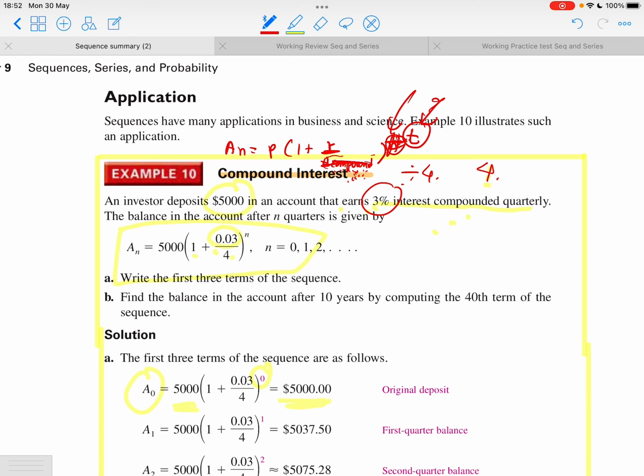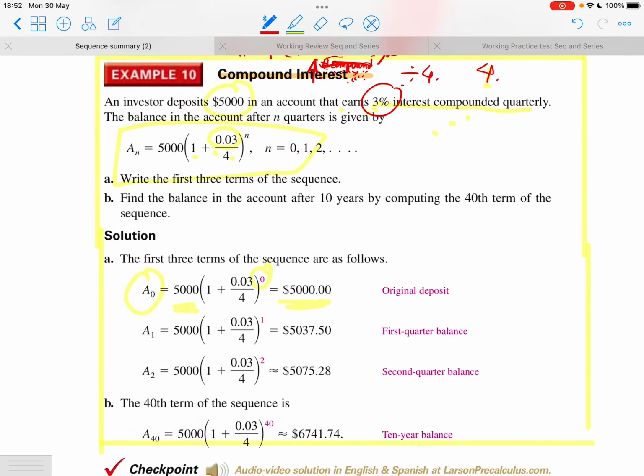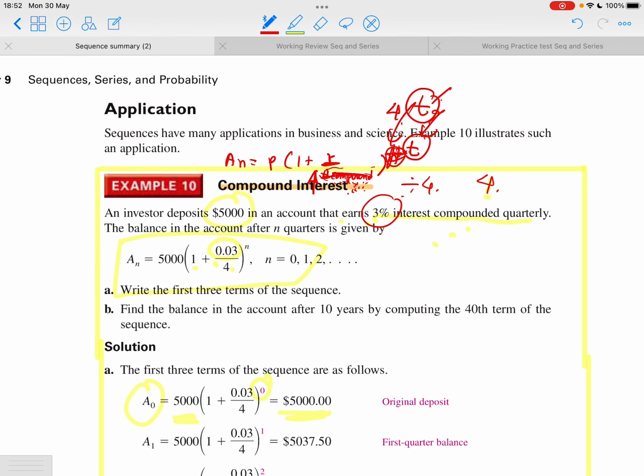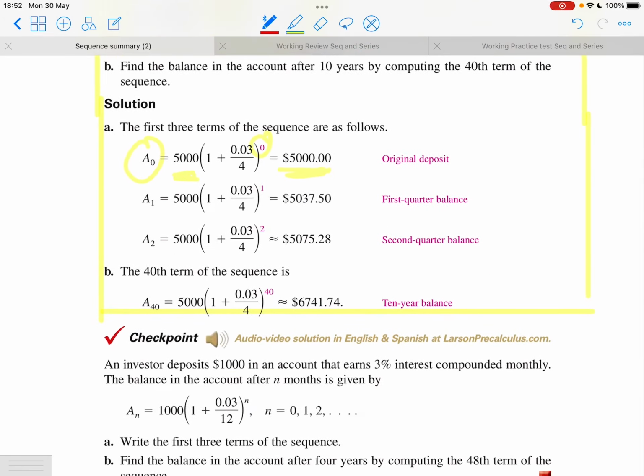So for example, if this is 4 times, this would be 4 times t, where t is in years. And if it happens to be half a year, then it's 0.5. That means it's compounded 2 times per year, so this would be 2.